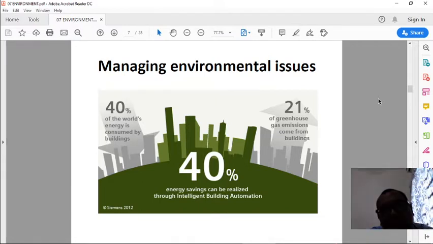We manage these buildings, and if we help to implement this building automation or even green building technologies, we can collectively help to reduce environmental issues that are happening in our country, or even outside the region of our country, in the continent of Asia, or even on a global scale.